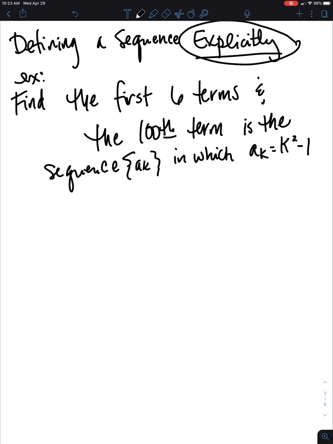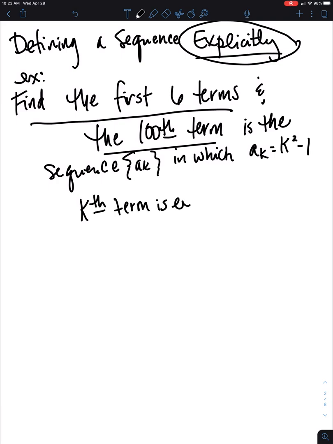Find the first 6 terms and the 100th term in the sequence a_k, in which a_k equals k squared minus 1. Because the kth term is explicit, we only need the number to evaluate the term.